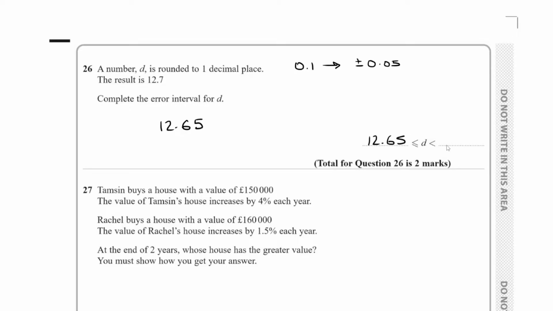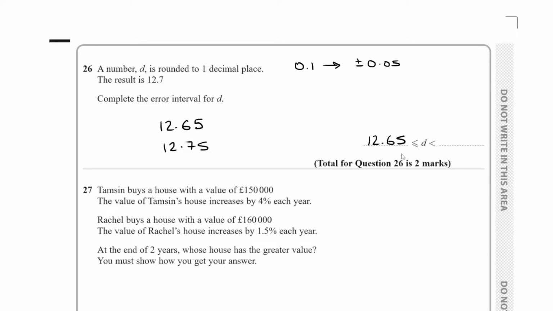Now the upper one, the biggest value, is then if you add the 0.05. Apparently I cannot write numbers. It's 12.75. Now, I know that you're going to say, oh, but that would round to 12.8. Yes, technically. However, just look at the inequality symbols, right?